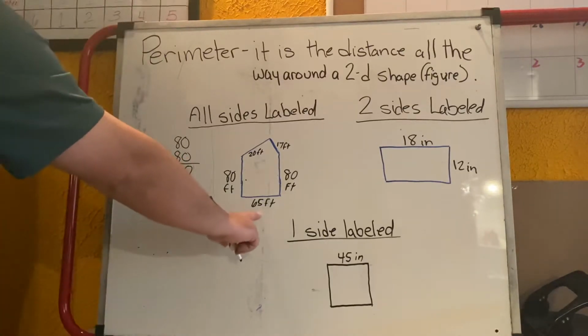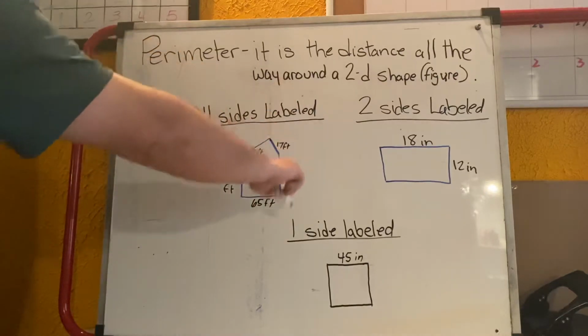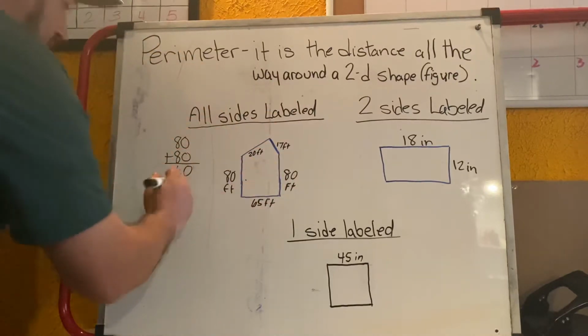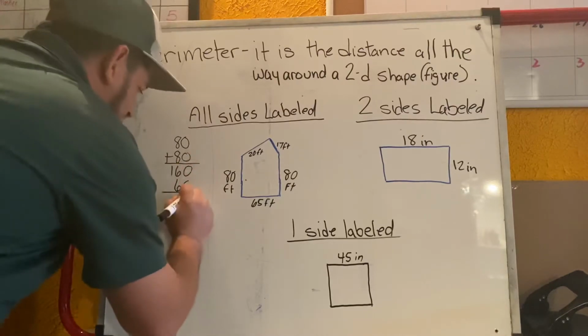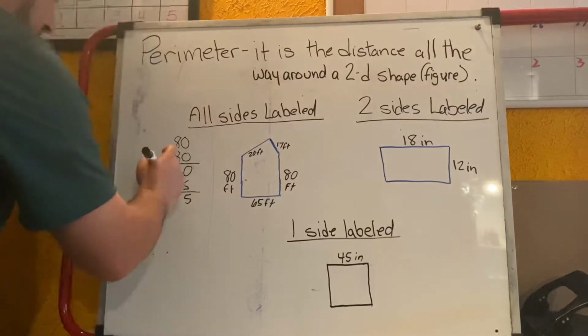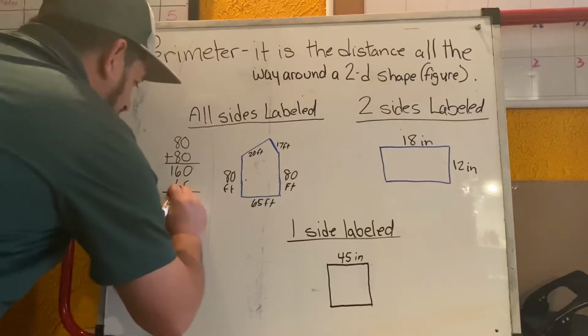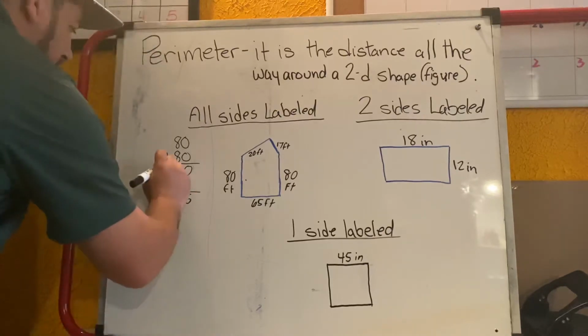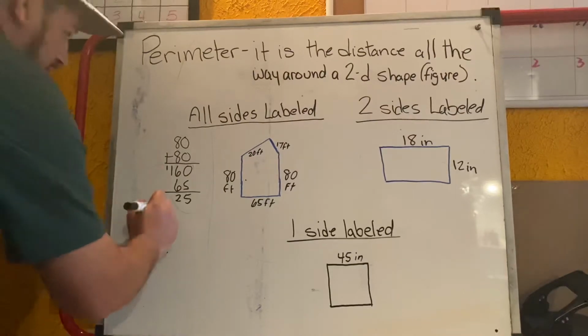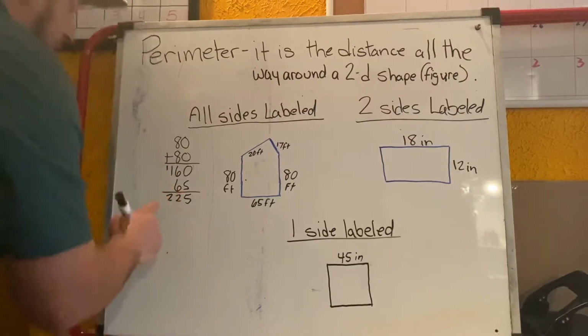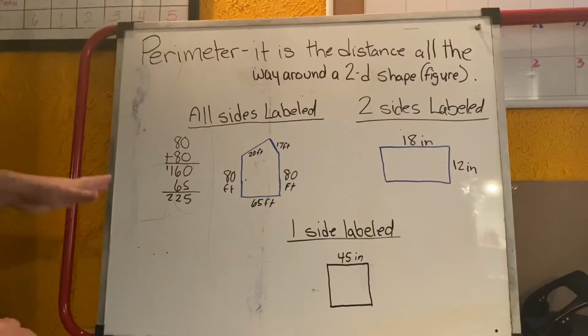Now I have to continue because perimeter is all the sides. My next side is 65. 5 plus 0 is 5. 6 plus 6 is 12. I'm going to have to regroup this one, so I'm going to move the 1 over to the hundredths place. 1 plus 1 is 2. So at the moment, our perimeter is 225 feet.